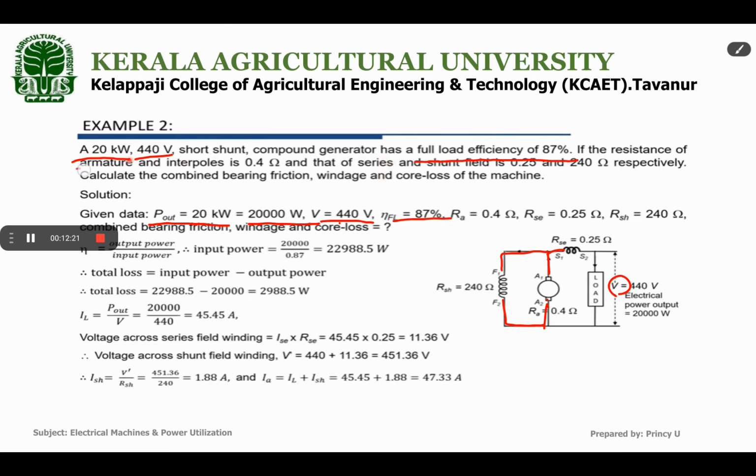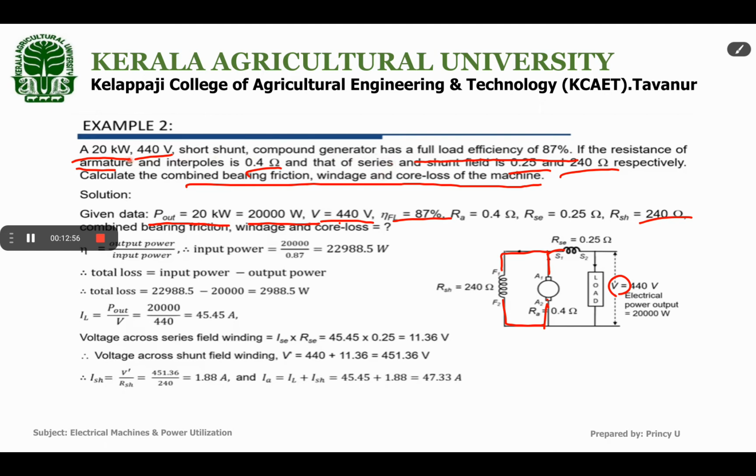The resistance of armature, that is RA, is given as 0.4, and R series is given as 0.25, and the shunt field RSH is given as 240 respectively. So now calculate the combined bearing, friction, windage and core loss of the machine. So you have to calculate the core loss and windage and frictional loss.